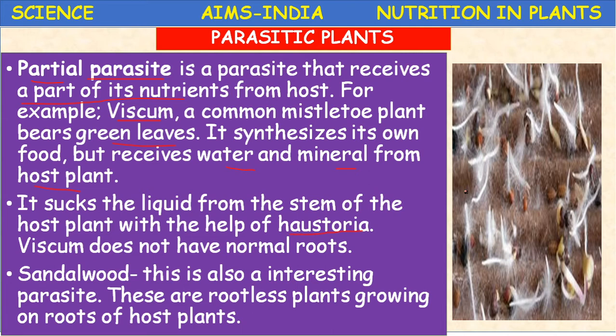Sometimes you might have seen very big trees like neem and banyan trees lose their total strength and dry up due to the growth of these parasites. A total parasite like Cuscuta can also kill the host, but partial parasites do not kill the host. They take shelter and absorb limited water and minerals or nutrients, and they perform photosynthesis also.